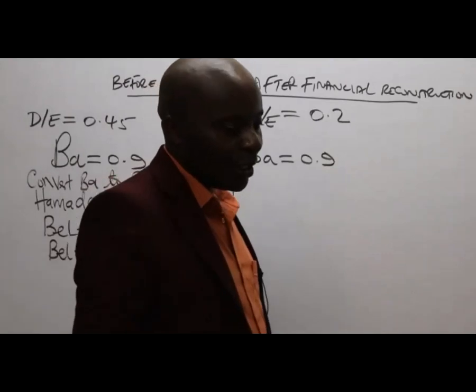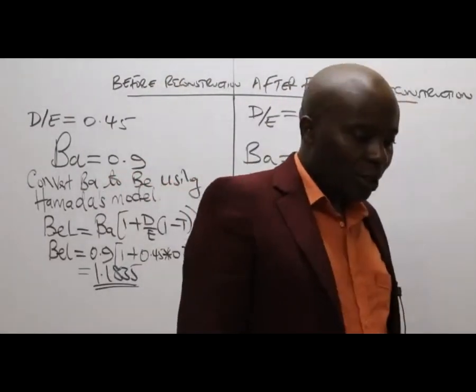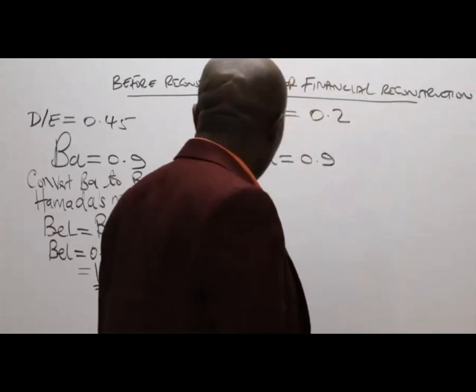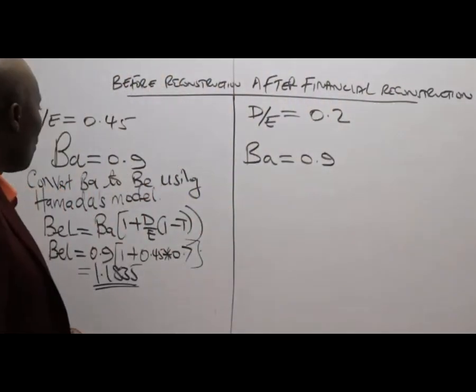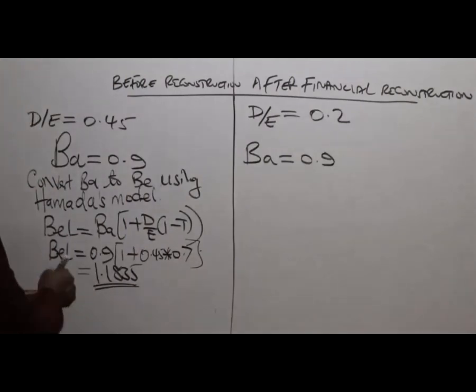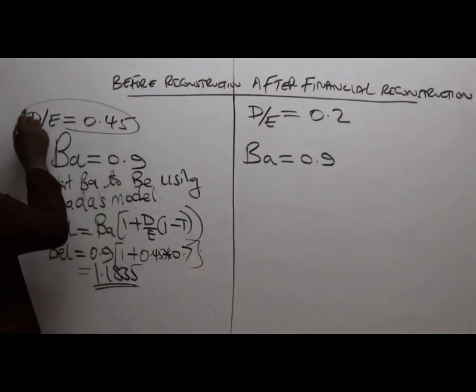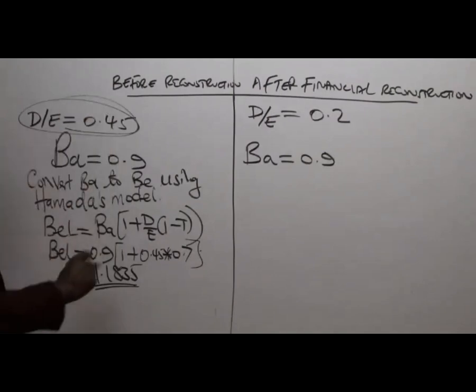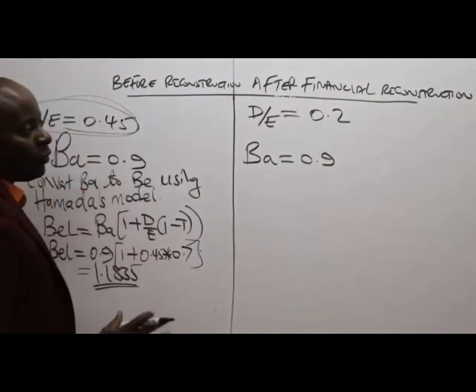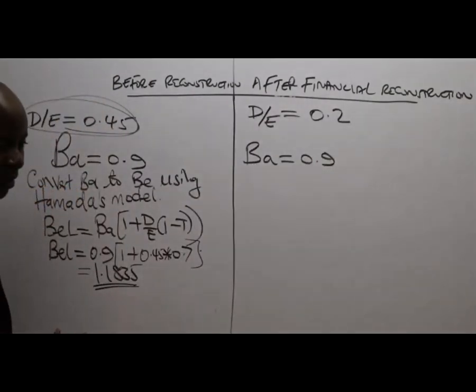And today, I would want each student to talk to me. So 0.45 divided by 0.2. Where are you getting 0.2 from? You know, already this is the debt to equity, my brother. The 0.2 is quite a different thing. It's for after reconstruction, after financial reconstruction. Right? Thank you very much.